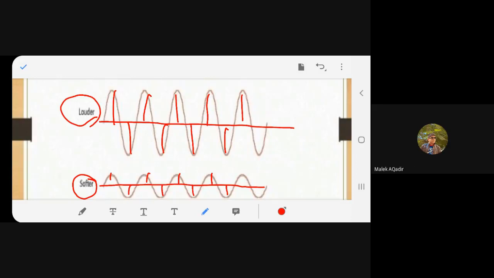No. So if I get a loud sound, if I say, okay, beta, what is the amplitude? You will say it is more. Amplitude is large, so the sound is high. You got it now? Yes.